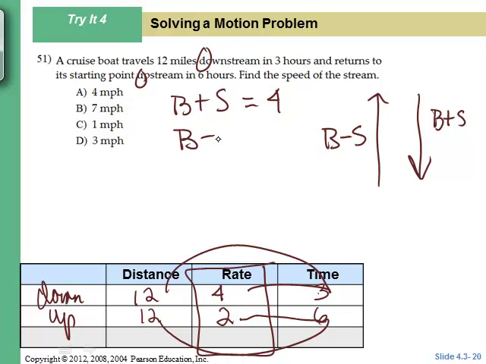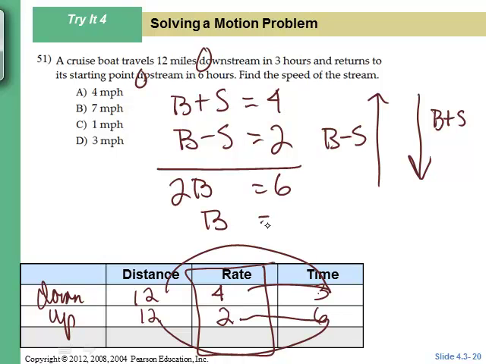So B minus stream is 2. Add those two together, you get 2B is 6. So the boat is 3. Find the speed of the stream. 3 plus 1 is 4. 3 minus 1 is 2.